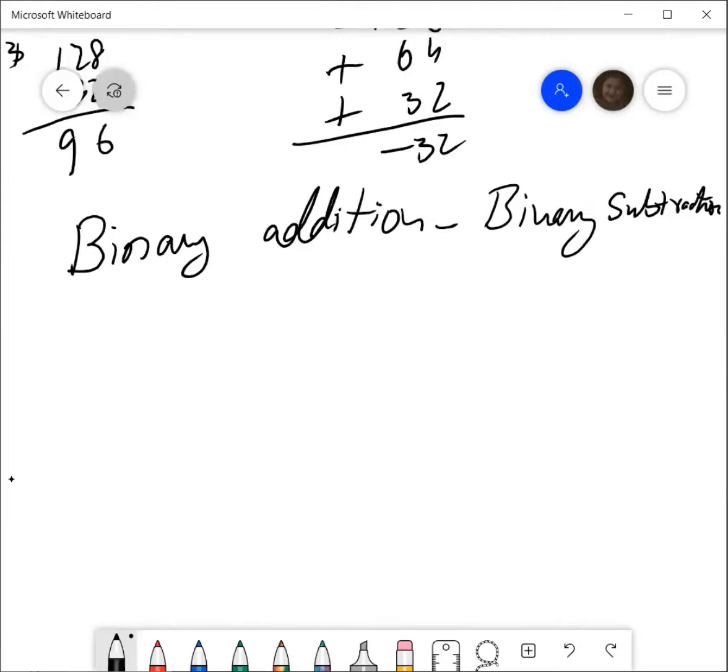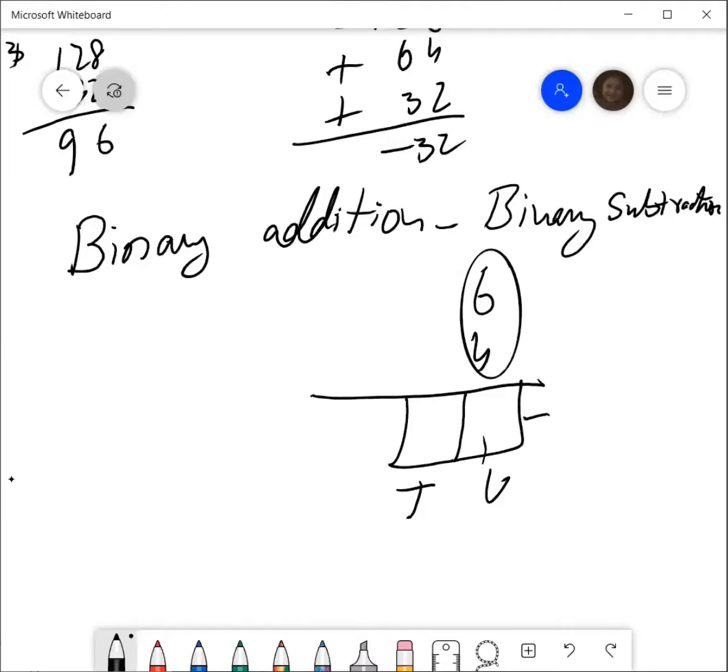From your childhood, you understand that if you add 6 plus 4, you cannot show the result in the unit column alone. Let's suppose this is units and this is tens. According to your denary, decimal number system, from kindergarten and junior school, you understand that you cannot show 6 plus 4 in just one box. Can you do that?